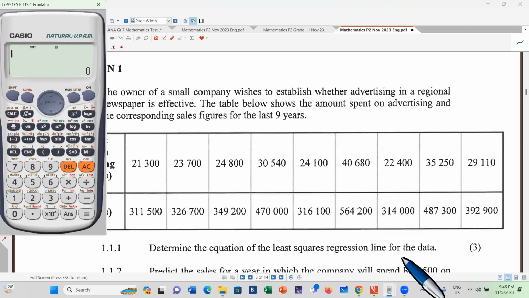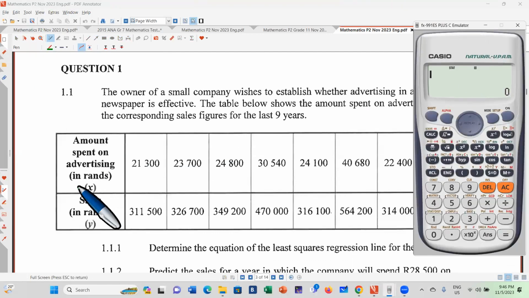Right, so if I launch my calculator like so, we need to look at the amount spent on advertising X and the sales Y. I have my calculator reset. First things first, we press the mode button to find the least squares regression line.